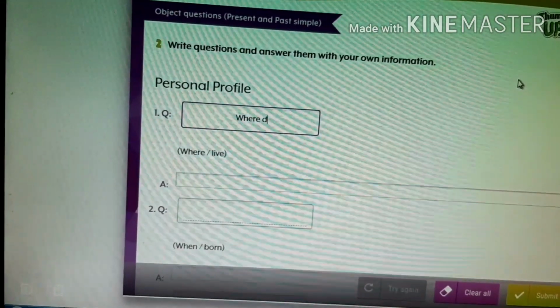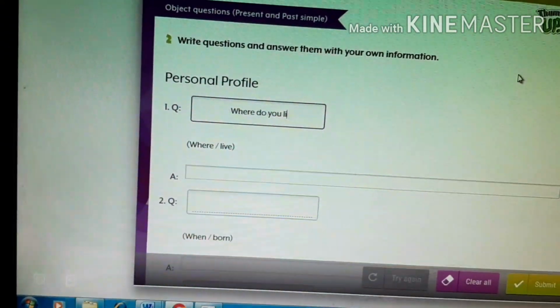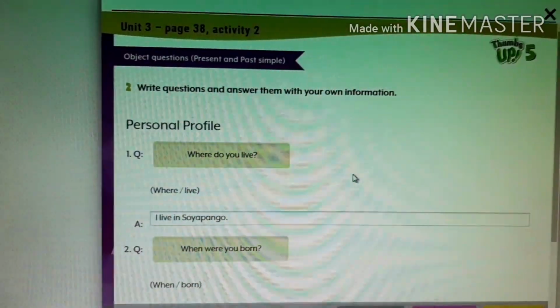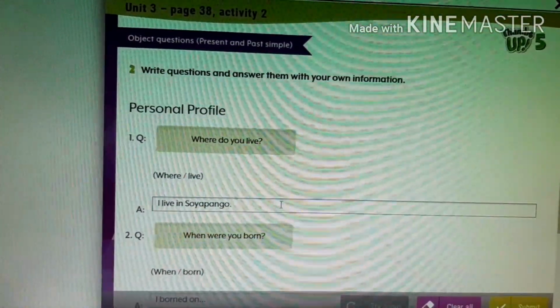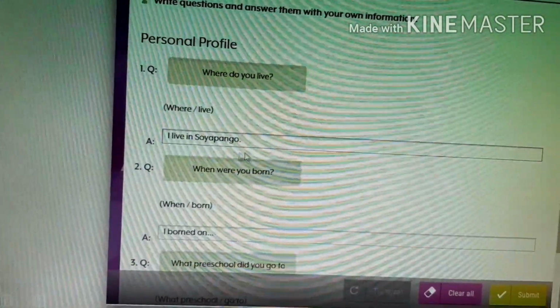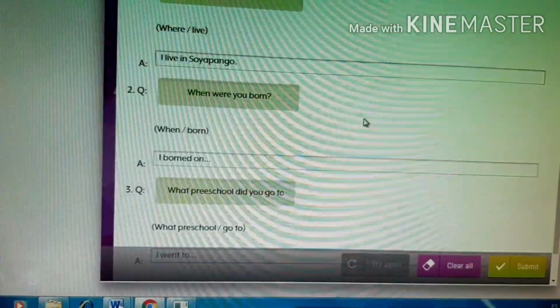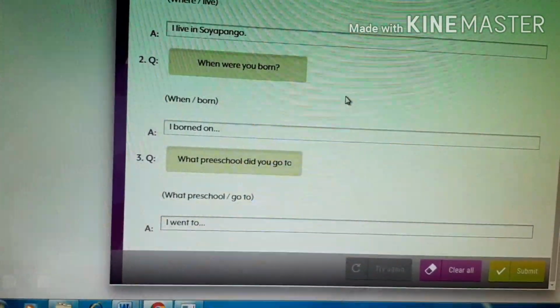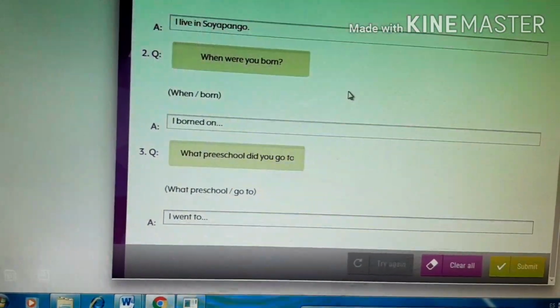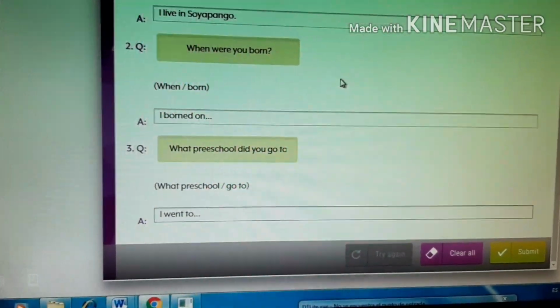You are going to write where do you live? Here we have where do you live? As I was telling you before, the answer, I live in Soyapango. Or I live in El Salvador. In this case, I live in San Salvador.